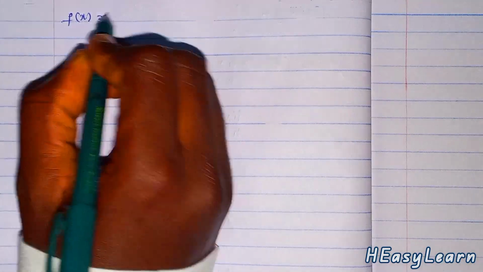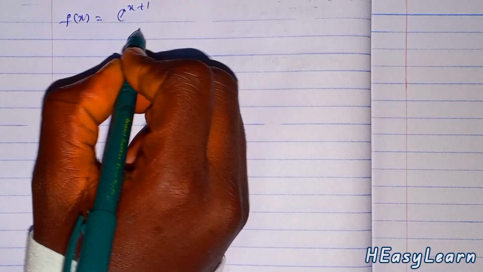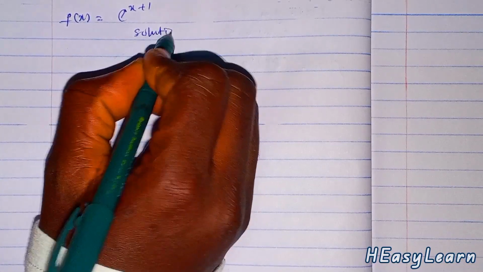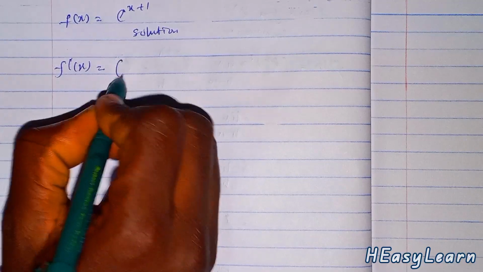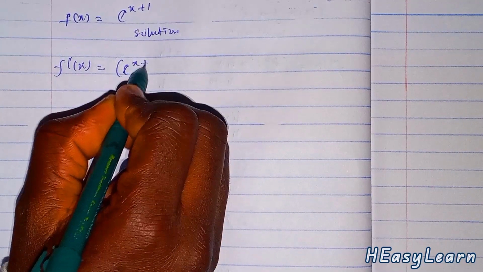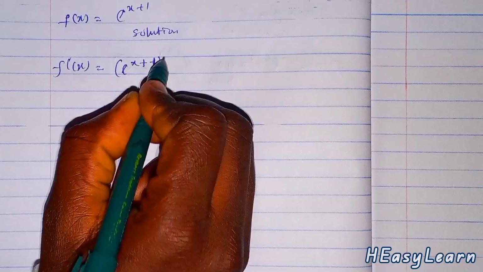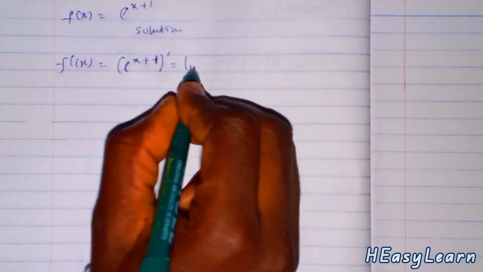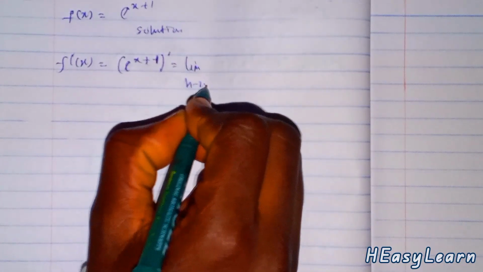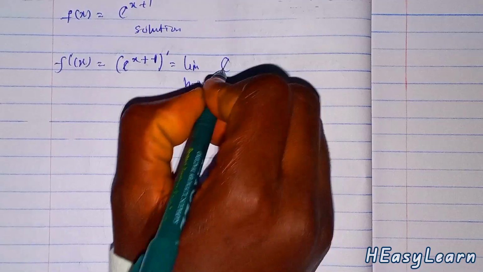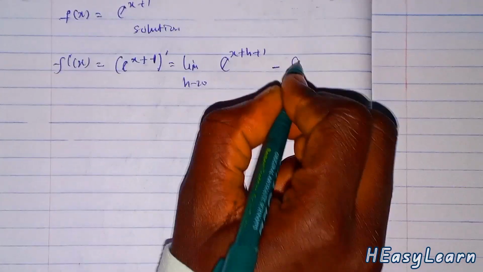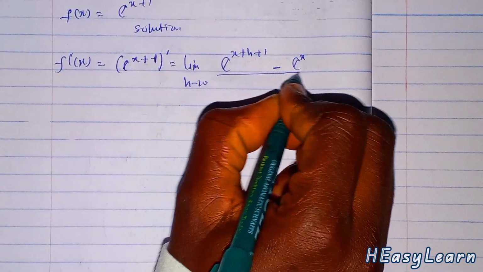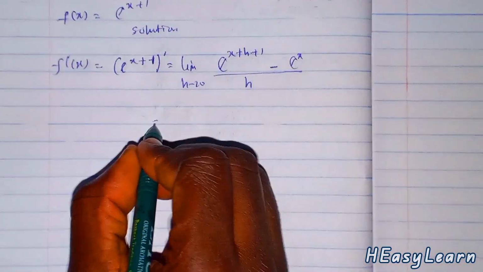Given f of x equals exponential x plus 1, use the definition of derivative to find the derivative of the function. This is the same thing. Limit h approach 0 of exponential x plus h plus 1, minus the original function, over h.